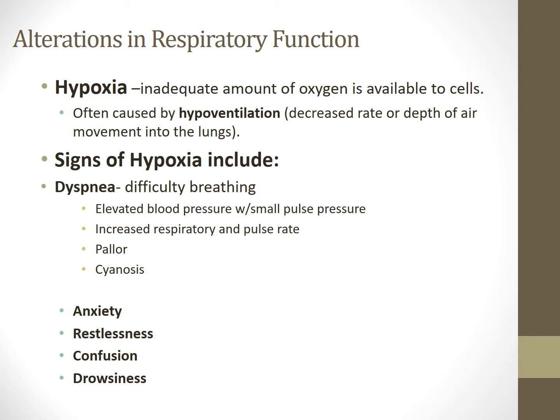They may seem pale. You may see some cyanosis, a bluish tinge to maybe their lips or fingertips. The big thing is when you can't breathe and can't catch your breath, you may also become very anxious. Anxiety may set in, which then increases your respiratory rate even more.